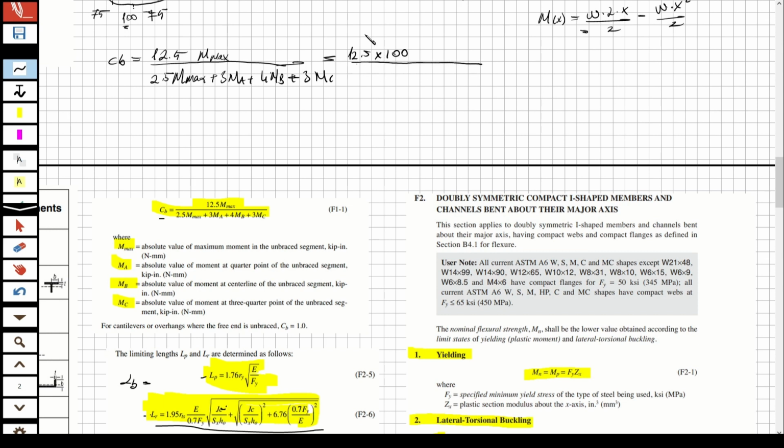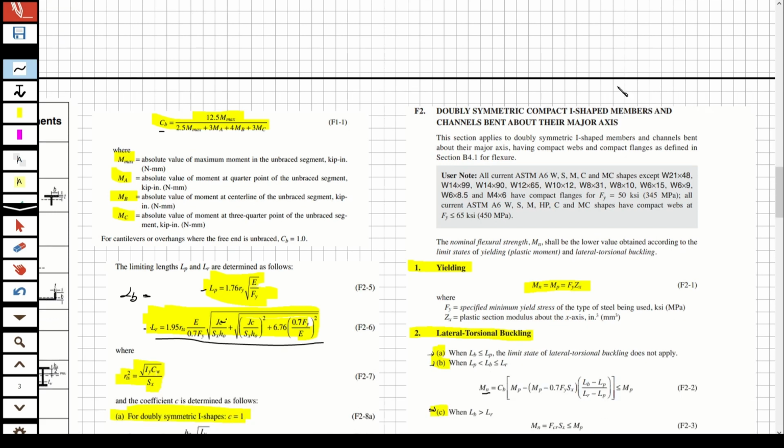So over 12.5 multiplied by 100 plus 3 multiplied by 75 plus 4 multiplied by 100 plus 3 multiplied by 75. From here, I obtain the ratio equal to 1.14. So now we got the ratio of the moment as 1.14.